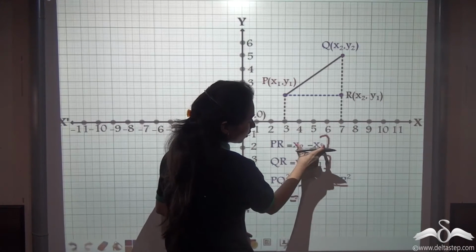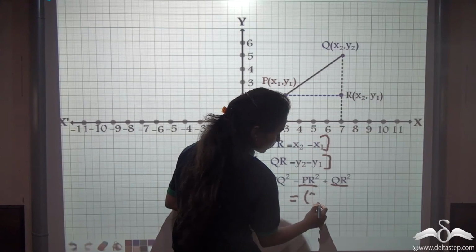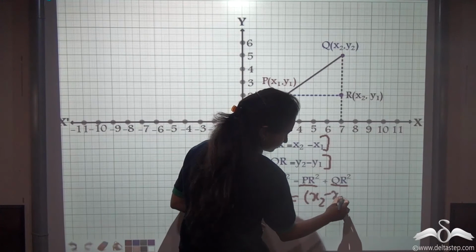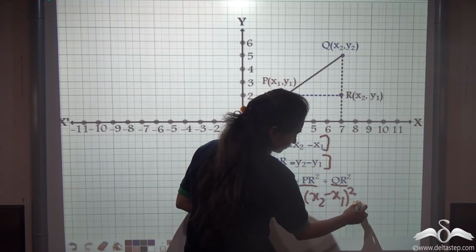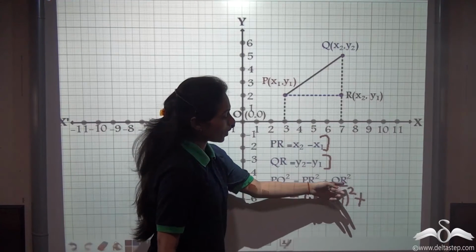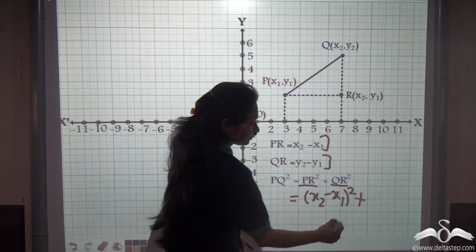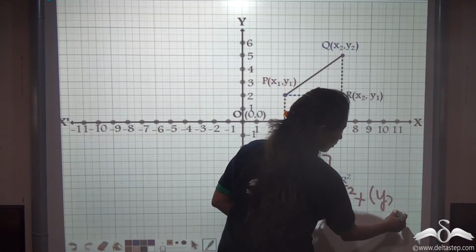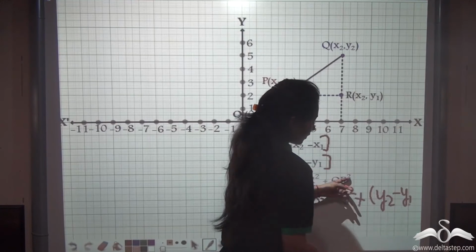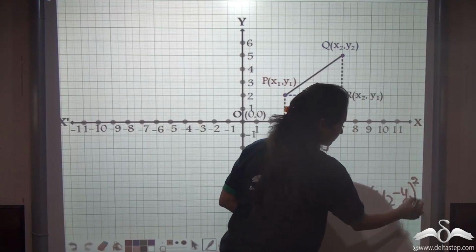So instead of PR, we'll write (x2 minus x1) plus QR square. Now QR can be substituted by y2 minus y1. So (y2 minus y1), and here we have square. So we write square.